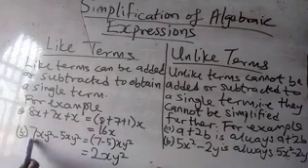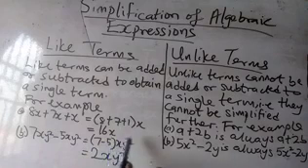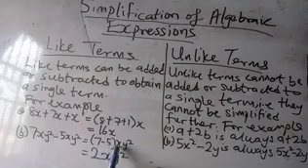Look at 7xy squared minus 5xy squared equals, open bracket, 7 minus 5, close the brackets, and the variable with the power, xy squared. So 7 minus 5 is 2. 2 multiplied by xy squared, we have 2xy squared.